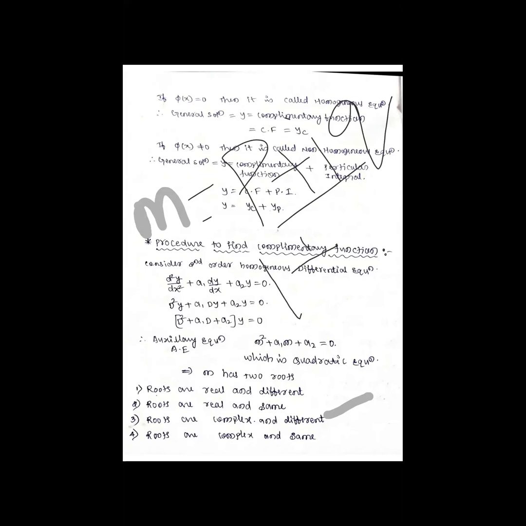Complex roots in the sense you are getting like this: M is equal to p plus or minus iq, like 1 plus or minus i into 2, or 3 plus or minus i into 4. You are getting that. See, one root is what?